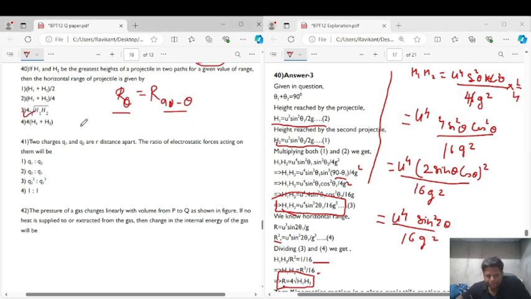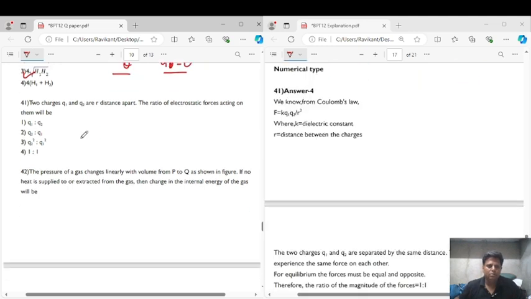Option 3. So now let's get into question number 41. Two charges Q1 and Q2 are a distance apart. The ratio of electrostatic force acting on them will be 1 is to 1. Why 1 is to 1?